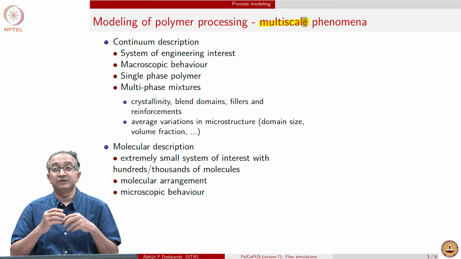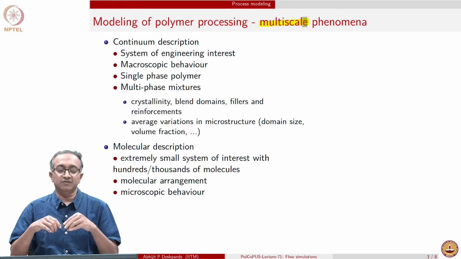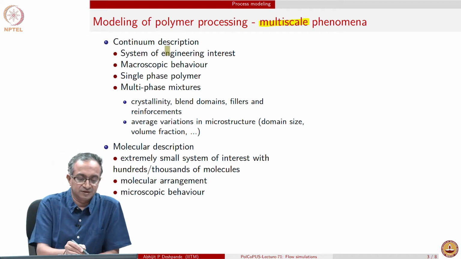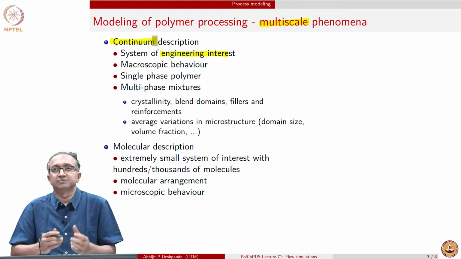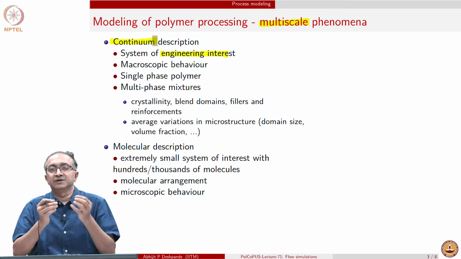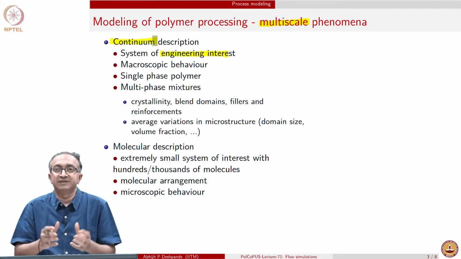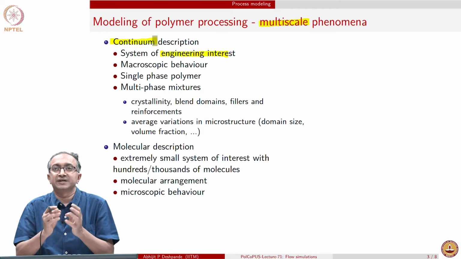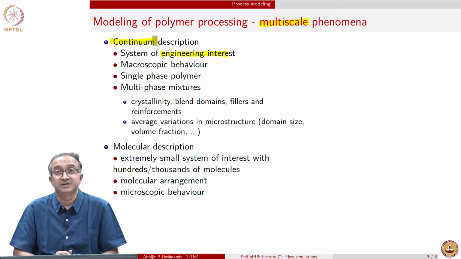Because of this, when we look at processing of these polymers, some of the features of multi-scale nature feature in these processing operations also. So, quite often when we are dealing with systems of engineering interest, we will follow a continuum description, where we assume that the material is made up of these so-called material particles, and they are distributed everywhere, and between two material particles there are infinite, in fact uncountably infinite, number of material particles.